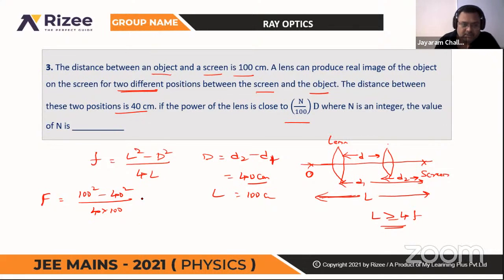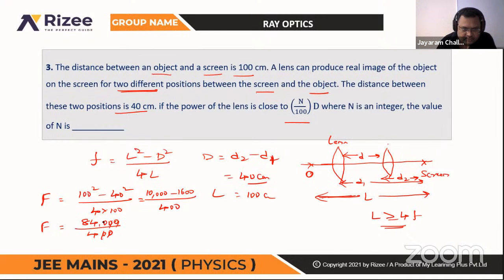So this will be 10,000 minus 1600 by 400. Now your focus will be coming down to somewhere around 10,000 minus 1600, this comes out to be somewhere around 8400, by 400.